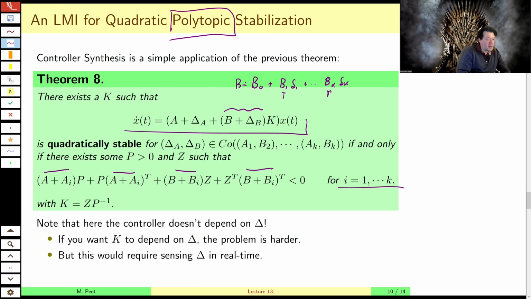And likewise, if this LMI is feasible, then you can get a controller in the same way we did for stabilization: K equals ZP inverse. And that controller will work for every value of the uncertain parameter, whatever it happens to be, even if that uncertain parameter is time varying.